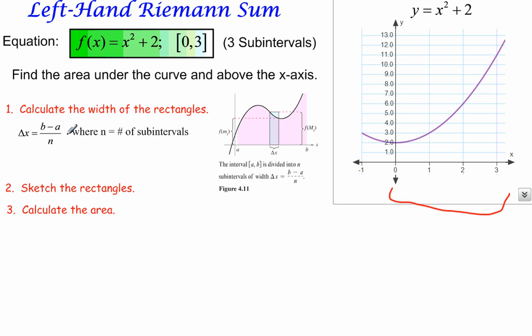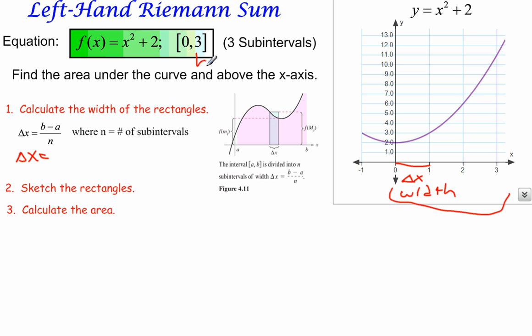Now, what we're going to do is, first off, figure out how wide each of these rectangles will be. We're going to call this delta x, which will be the width of our rectangle. So delta x in this case is going to turn out to be b minus a. Well, what is b?